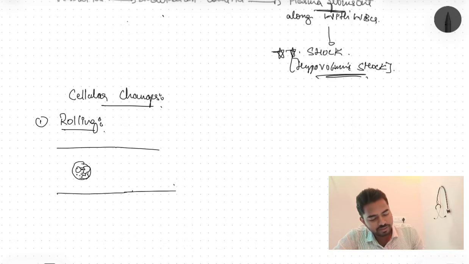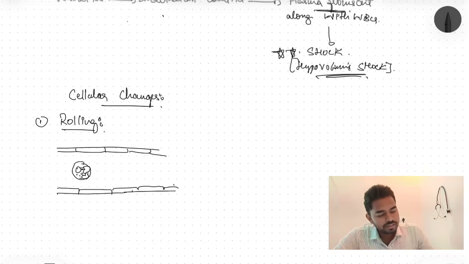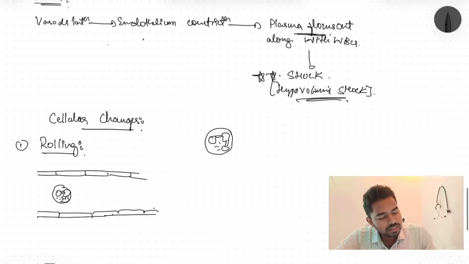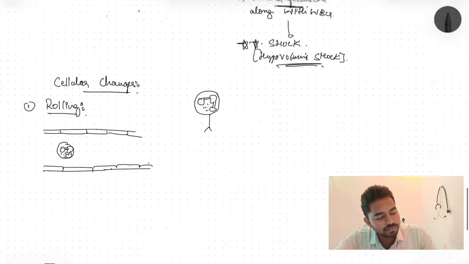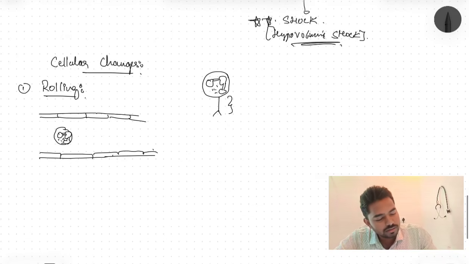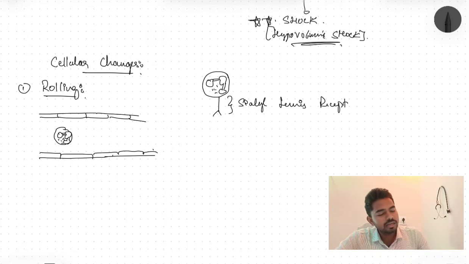The neutrophil is at the center. This is the endothelium. Guys, if this is a neutrophil, it has a receptor called sialyl-Lewis receptor.